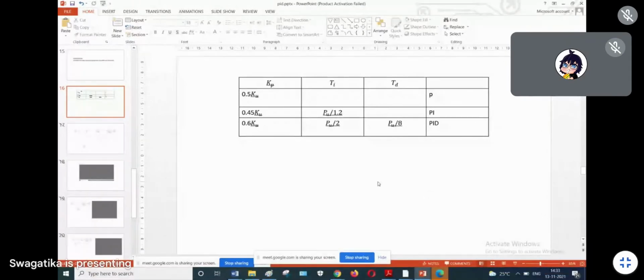If you are going to use Ziegler-Nichols method, suppose I am giving you an example, you can write down G of S is equal to 1 divided by S into S plus 1 into S plus 5.